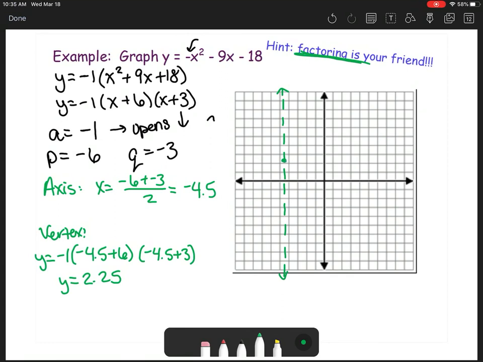So put it best you can. And then I need a -3, -6. Right there. So we have an idea that our parabola does this. We knew it was going to open down, and it definitely did.